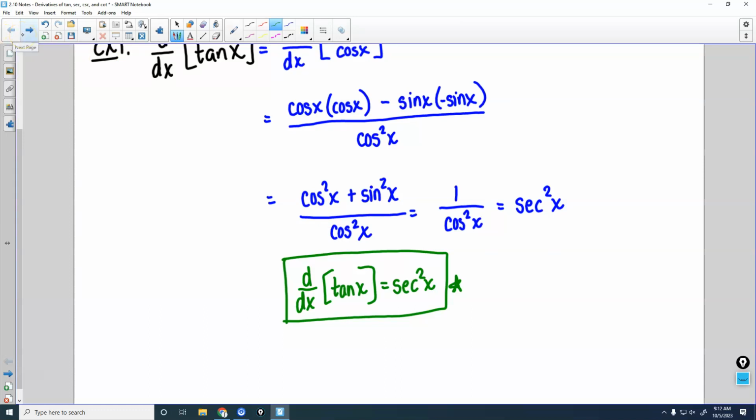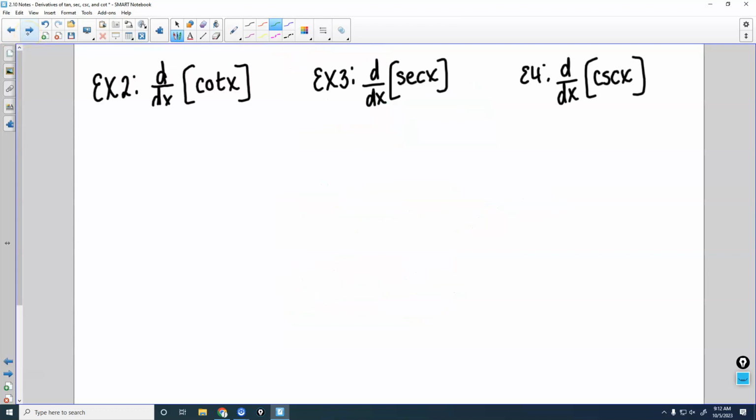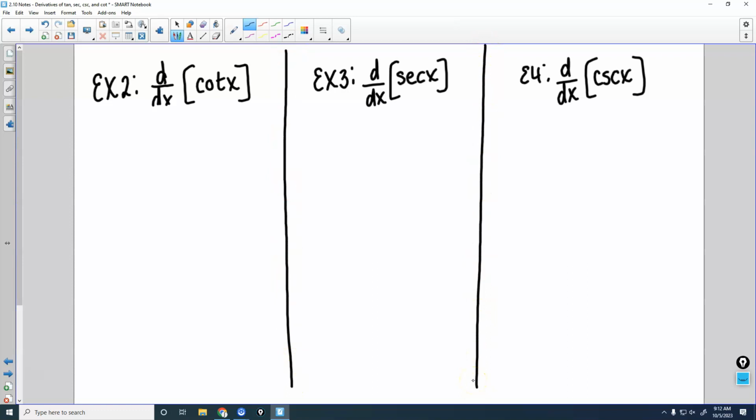Okay? So we are going to do this for the other 3 that we have not done yet. So let's split up and divide and conquer these. Avery and Troy, you guys do cotangent. You 6 right here, you guys do secant. Luke and Valeria, and you 4 over here, you guys do cosecant.